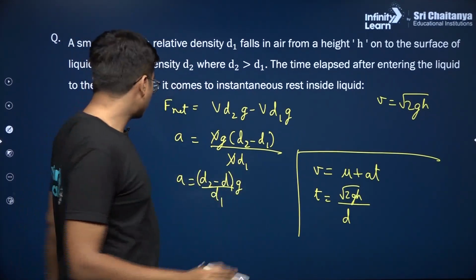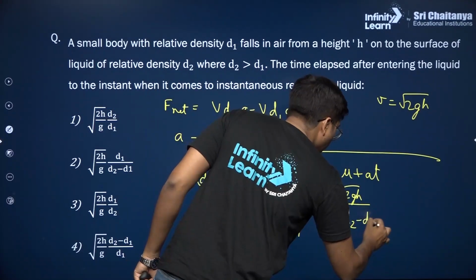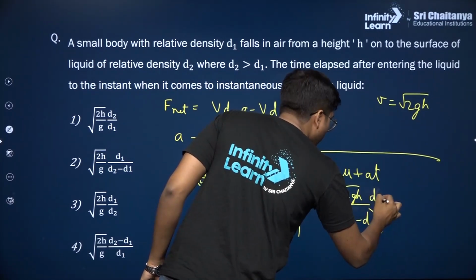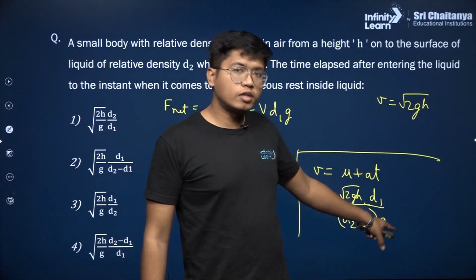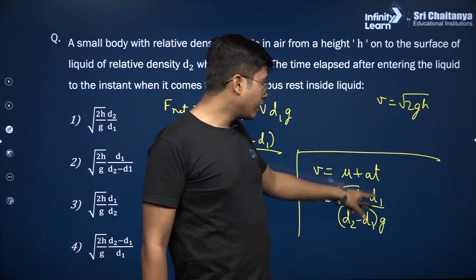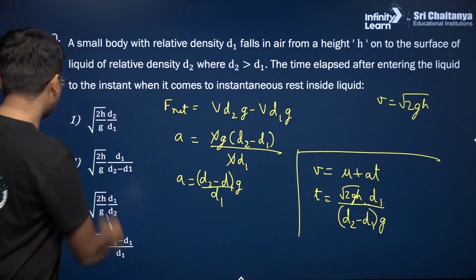So when you do this, you will have d2 minus d1 into g, and up top you have a d1 multiplied. So this root g can cancel with this g here to leave a root g down, so it will become root over of 2h by g, and then the rest d1 by d2 minus d1. That is option 2.